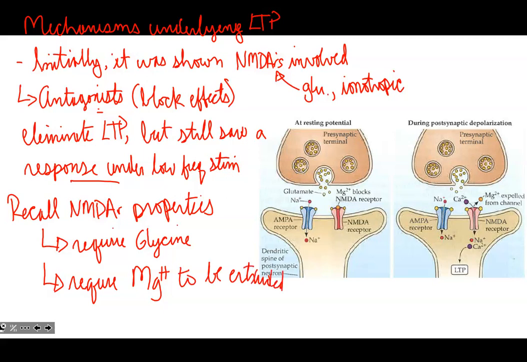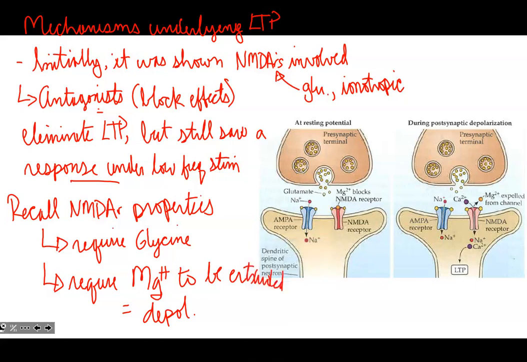And the way that magnesium was extruded was some sort of depolarization. So the NMDA receptor wouldn't pass current unless glycine was present and the cell was already depolarized, because that gets rid of the magnesium. Okay?